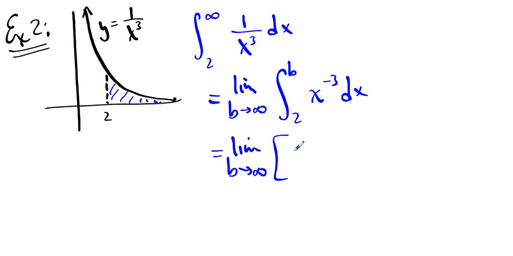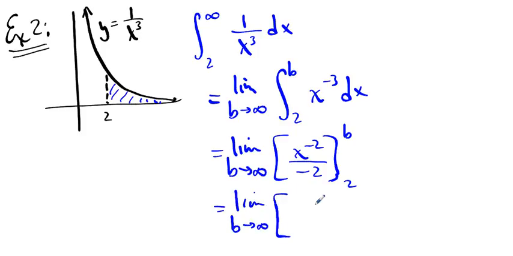We know that this is x to the negative 2 over negative 2 from 2 to b. That's the limit as b approaches infinity of b to the negative 2 over negative 2, and then sub in 2.